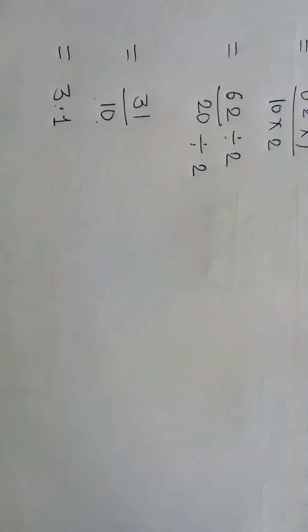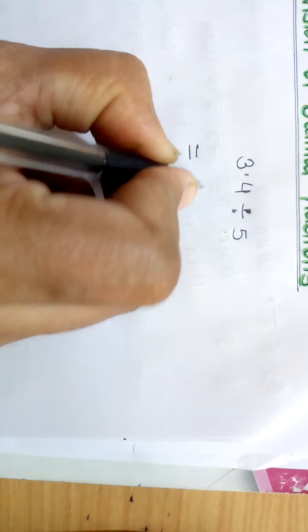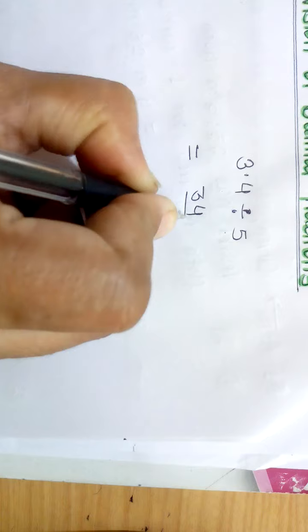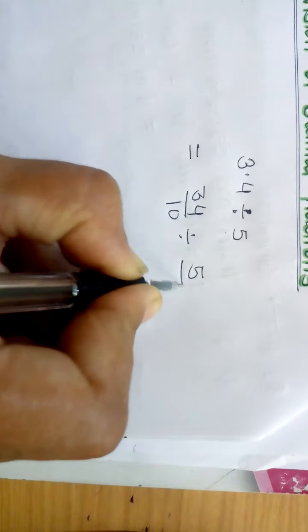Okay. Now we will see one more example, that is 3.4 divided by 5. See. Now we can write it. This 3.4 we can write as 34 upon 10, divided by 5. 5 is a whole number, so we can write it as 5 upon 1.